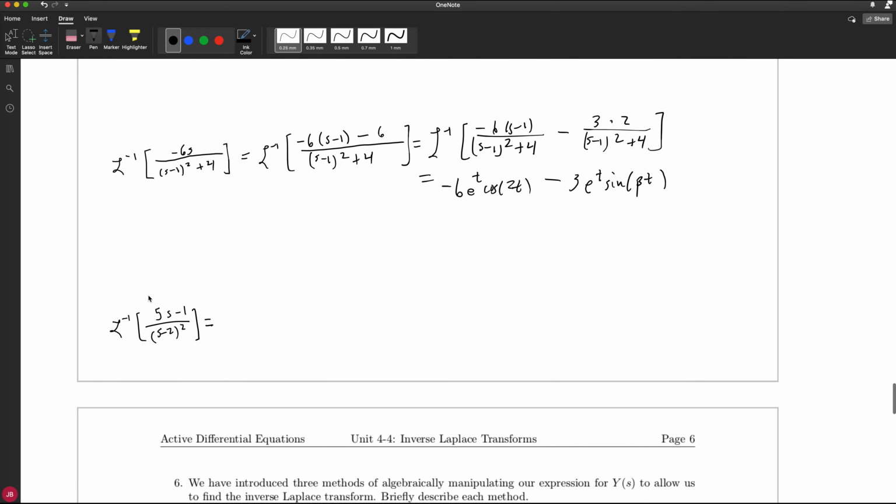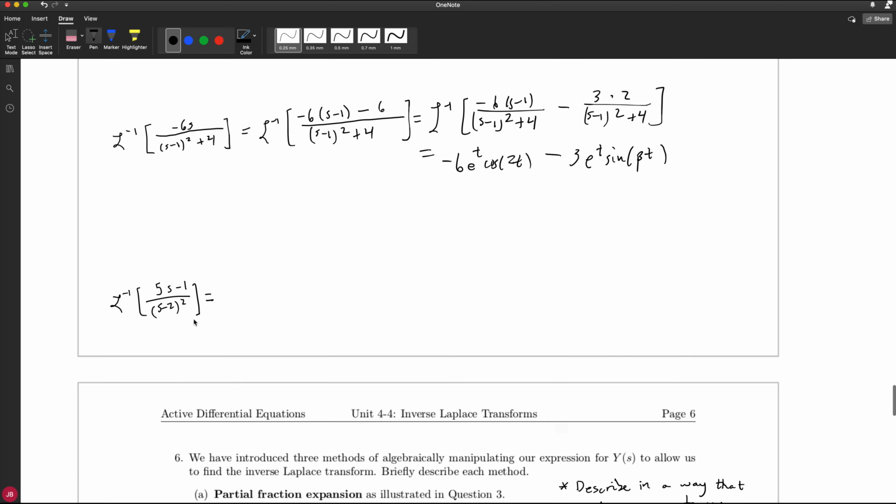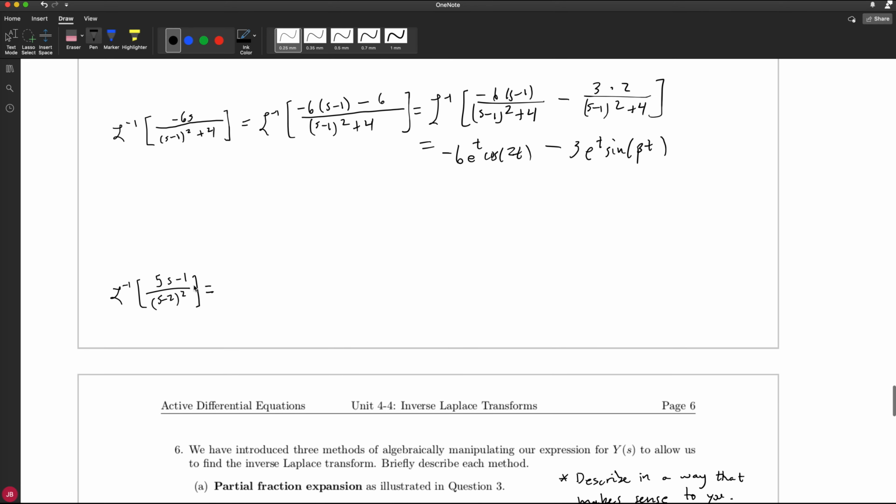Okay, and now this one we're going to do something similar, right? So notice we have a repeated linear factor on the bottom. So if you encounter something like this, one thing you could do is the following. Well, just kind of bear with me on this one. So I'm going to put s minus 2 here, but let's see, what do I need to account for?